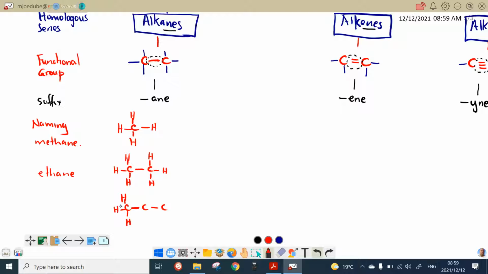Around carbon number 2, the middle carbon, you already have 2 bonds, so you need 2 more, each occupied by hydrogen. In the last one you have 1 bond, so you need 3 more to make it have the 4 bonds on the carbon atom.